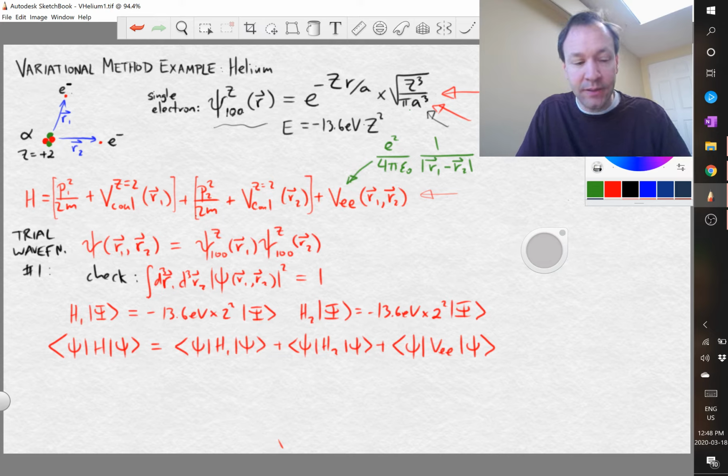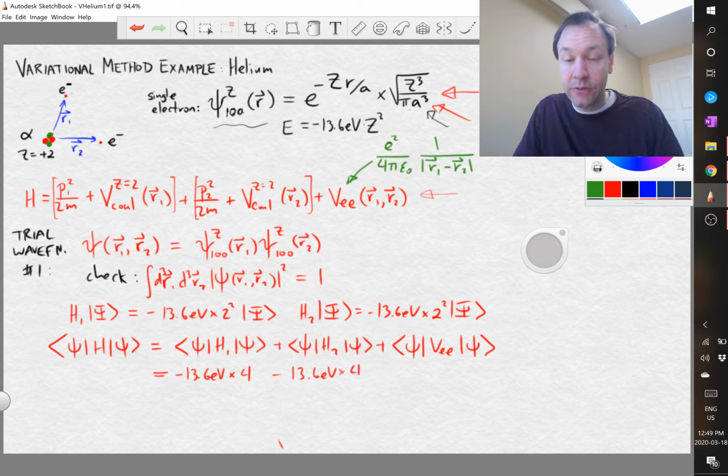Now we see why it's useful to know that our state is an eigenstate of H1 and H2: we can immediately evaluate the first terms. The first term is just going to be minus 13.6 electron volts times 4, and the second term is also minus 13.6 electron volts times 4.